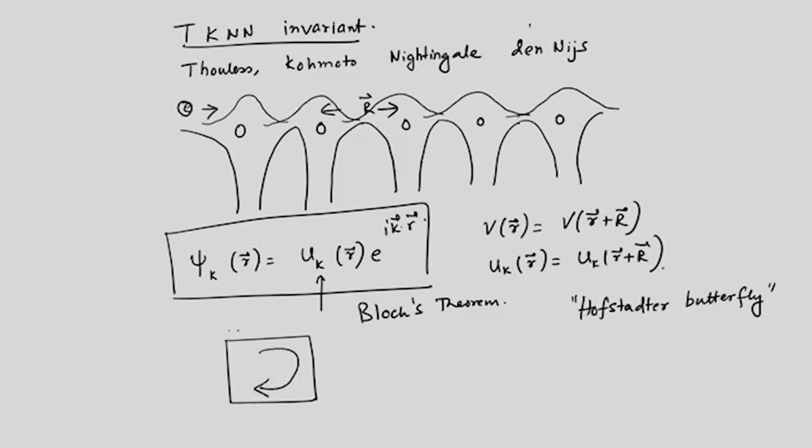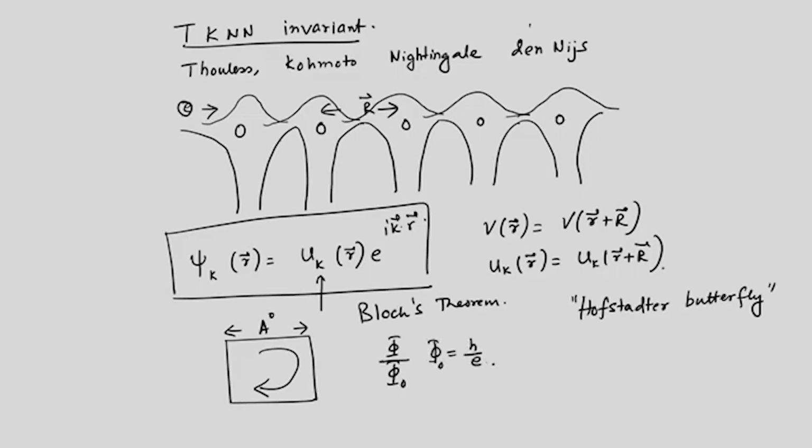Now, these are the lattice constants, which are of the order of angstrom, maybe 2 to 3 angstrom. However, you want the flux that goes through this squarish region to be in units of phi 0, which is equal to h over e.